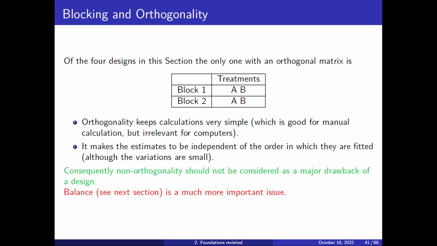So of the 4 designs of this section, the only one that has an orthogonal matrix is this one, in which all blocks see all treatments. So orthogonality keeps the calculations very simple. So we have seen that when all blocks have all treatments, then it is very easy to say what is the effect of the block, what is the effect of the treatments.